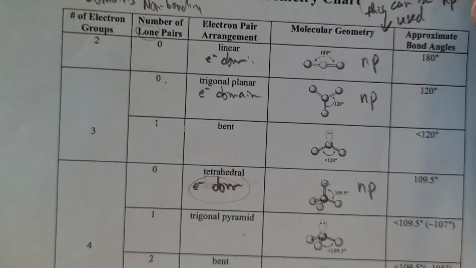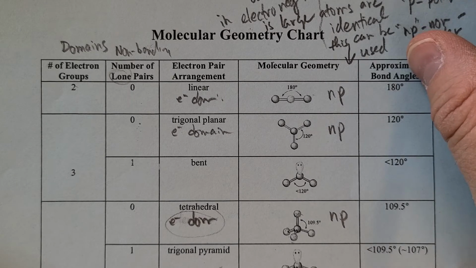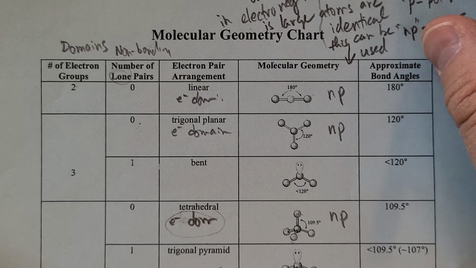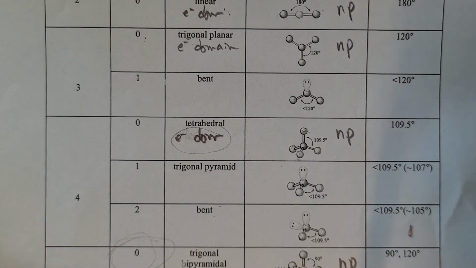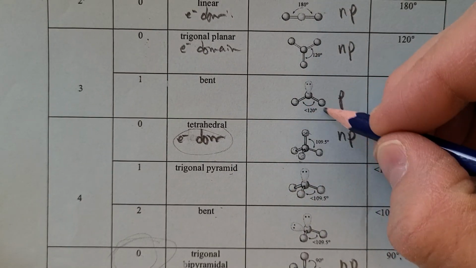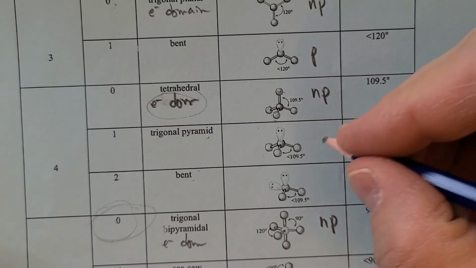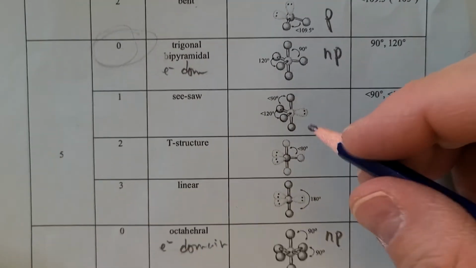Because again, we're looking for an electronegativity difference of greater than 0.4. If you look back at your electronegativity table, you'll see the numbers that we use there to figure out whether something's polar covalent or not. This will be polar if the difference is big enough, because there will be a pull that's not balanced. Bent again will be polar.